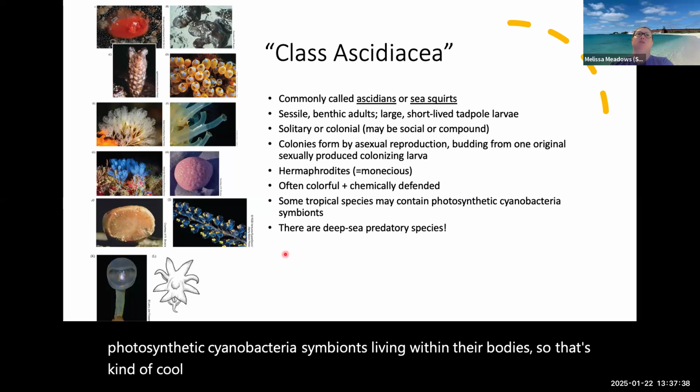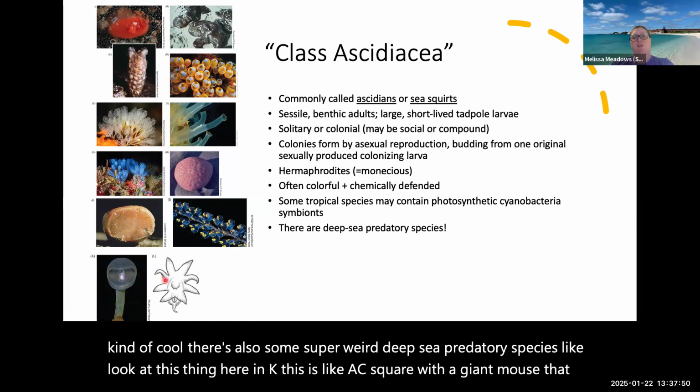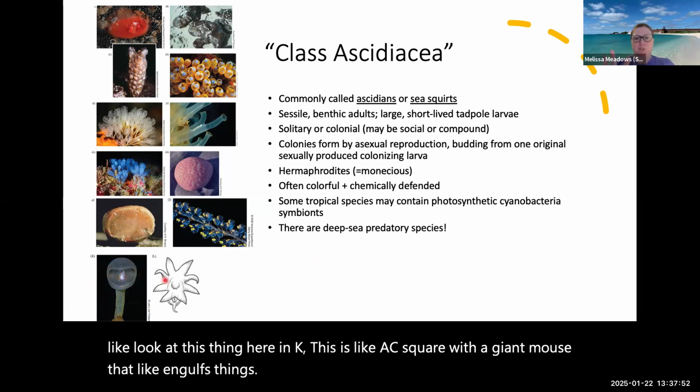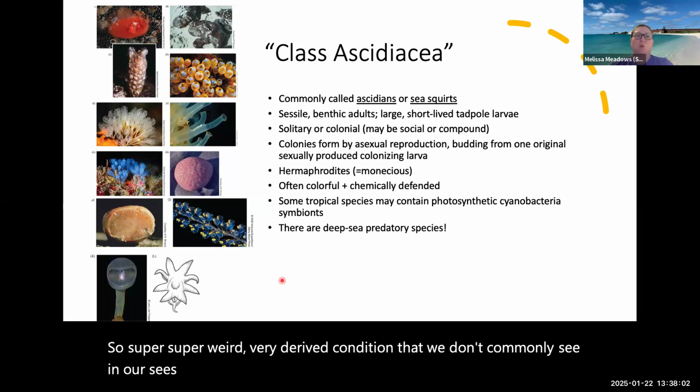There's also some super weird deep sea predatory species. Like, look at this thing here in K. This is like a sea squirt with a giant mouth that engulfs things. So super, super weird, very derived condition that we don't commonly see in our sea squirts in shallow water. So only fairly recently discovered.